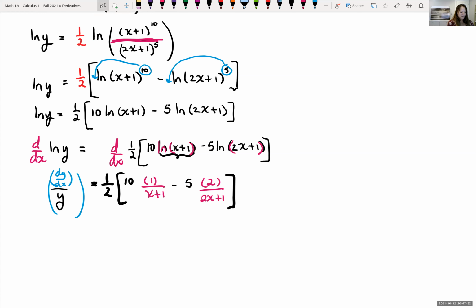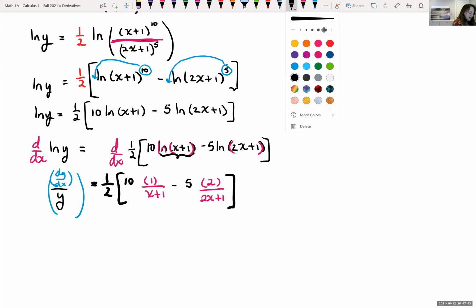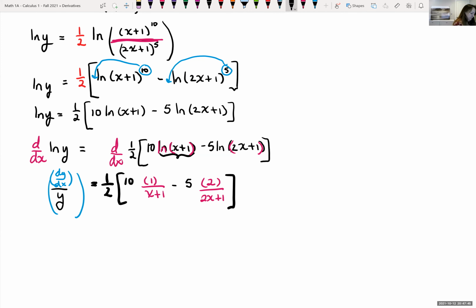Okay, so we really want the derivative. We want dy dx by itself. So what we could do is get rid of the y on the left-hand side by multiplying both sides of our equation by y. And so our y's cancel here.